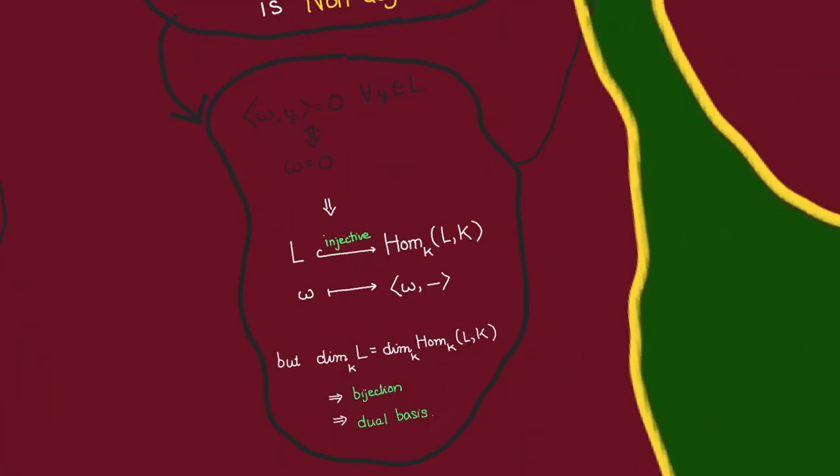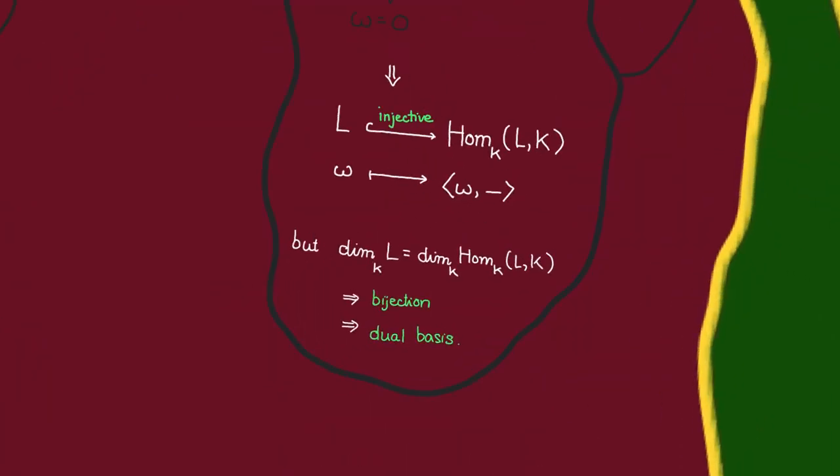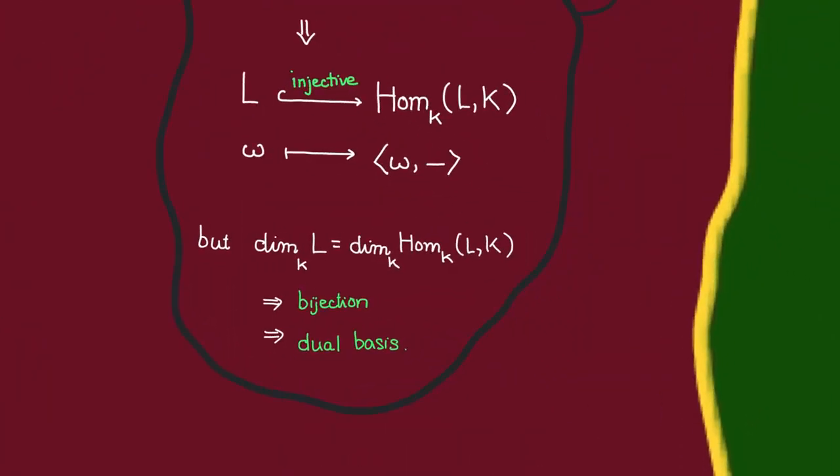Another way of saying that is that the natural map from L into the dual space of L, given by sending every omega to the map defined by pairing with omega, is injective, because pairing with omega is 0 if and only if omega itself is 0.